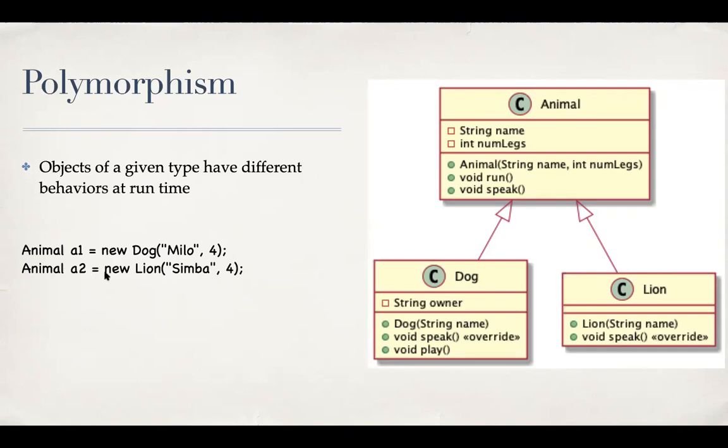Now the key point here is the type of A1 or A2 is animal, as in the static type, the type that the Java compiler looks up at compile time is animal. What that means is you can call all the methods on A1 and A2 that are available in the animal class.